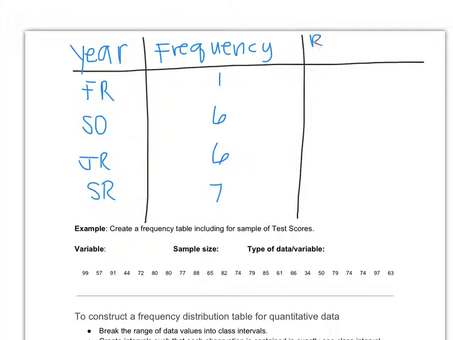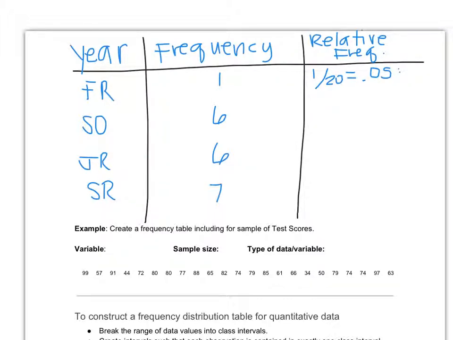Okay, relative frequency. I'm going to abbreviate. And to get relative frequency, we take our frequency and divide by our total number of 20. So that's the fraction form, 1/20th. Decimal form, plug that in your calculator, it gives you 0.05.